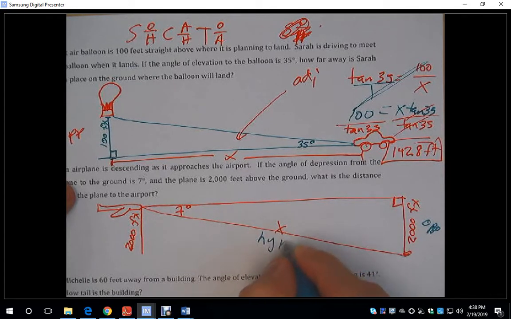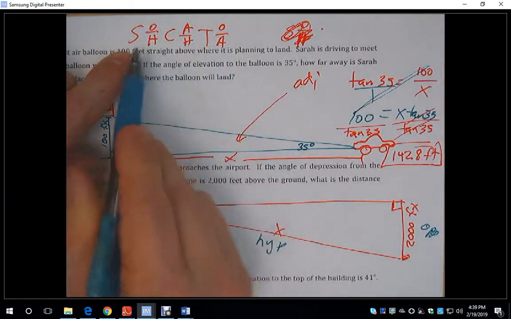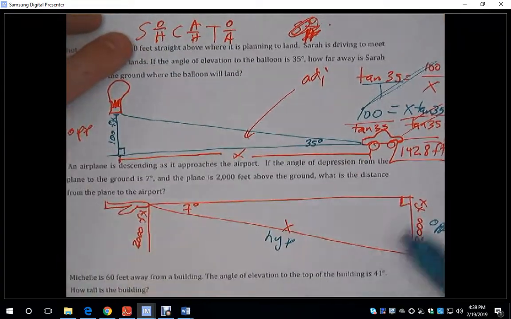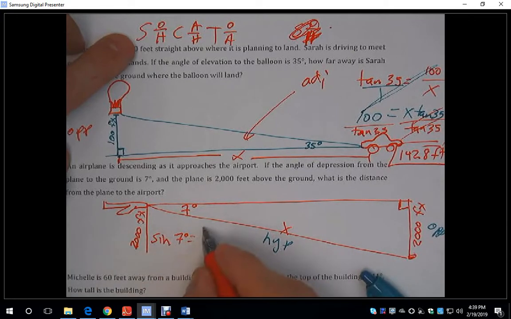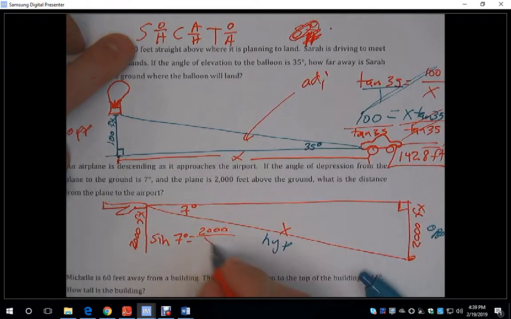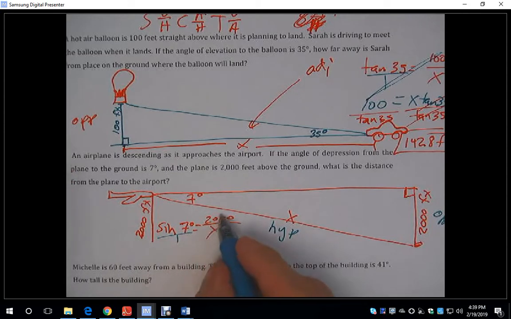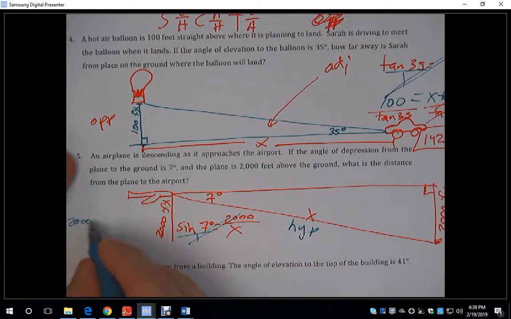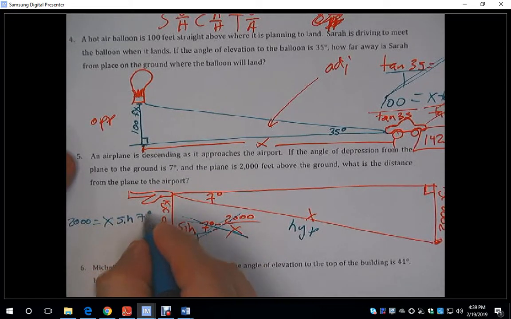so this is going to be the hypotenuse. Well, out of our choices here, I'm going to use sine, because sine of our angle of 7 degrees equals our opposite of 2,000 over x. I'm going to cross multiply again, because sine of 7 degrees is the same thing as sine of 7 degrees over 1. Cross multiplying this way gives me 2,000. Cross multiplying the other way gives me x times sine of 7 degrees.